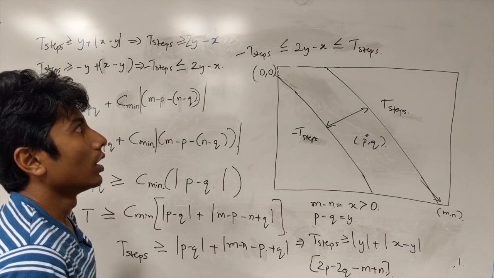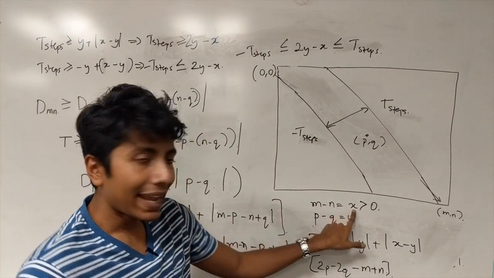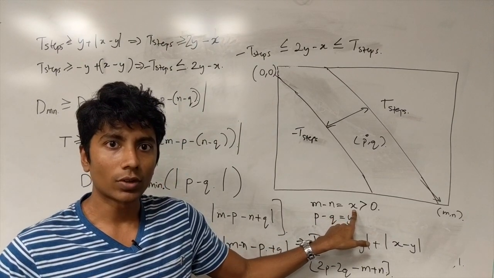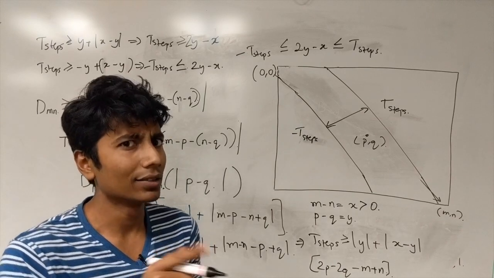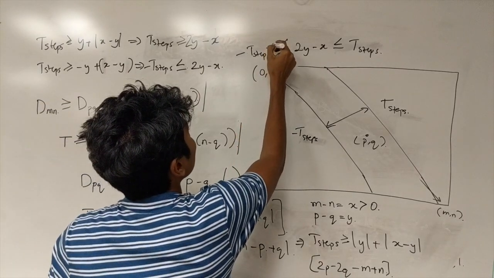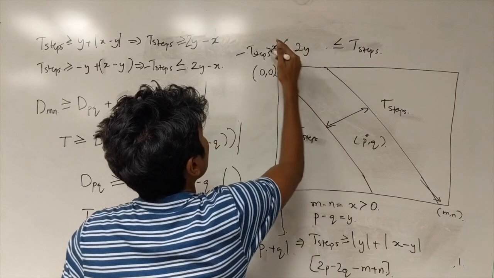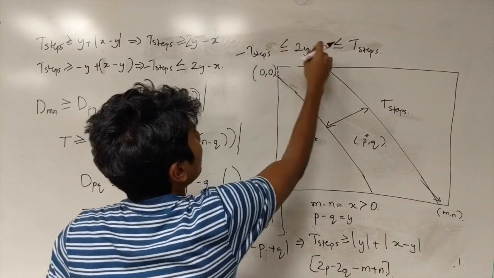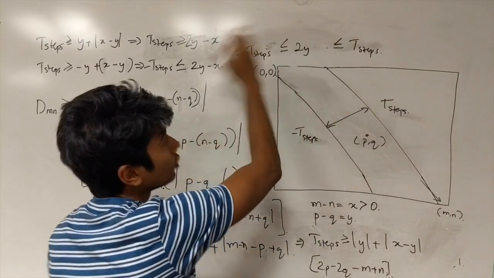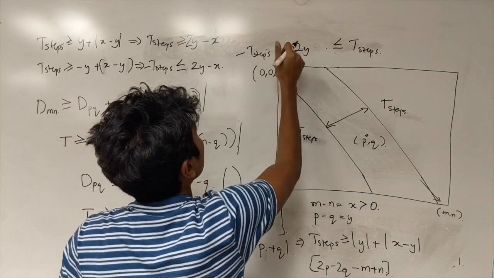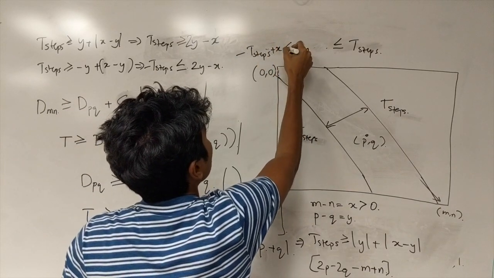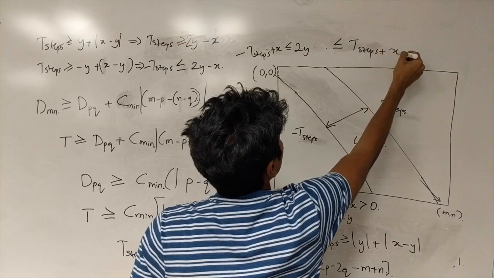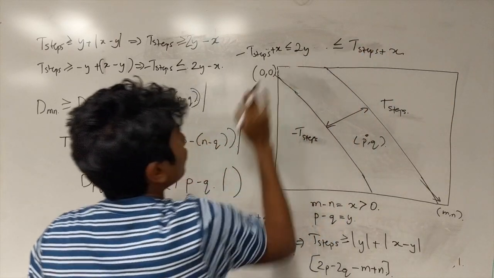Okay, now is x a constant for two strings? Yeah. So this turns out to be minus x. I'm sorry, this is plus x, because what we're doing is this minus x is now being added to both sides. So this is t steps plus x less than or equal to plus x over here too, and this is what you have.